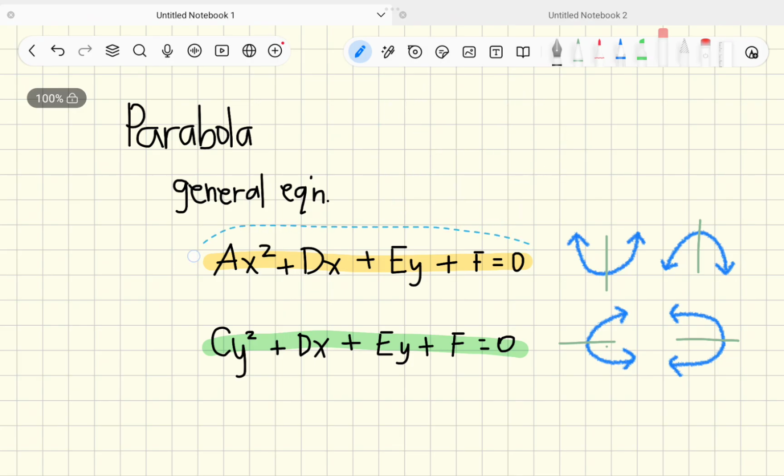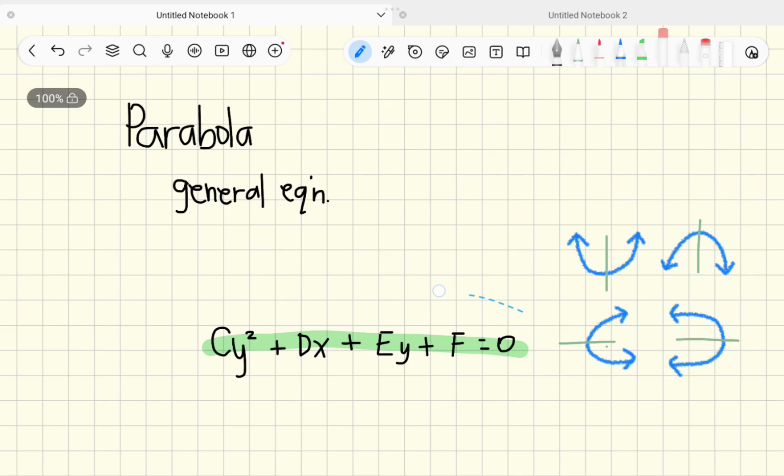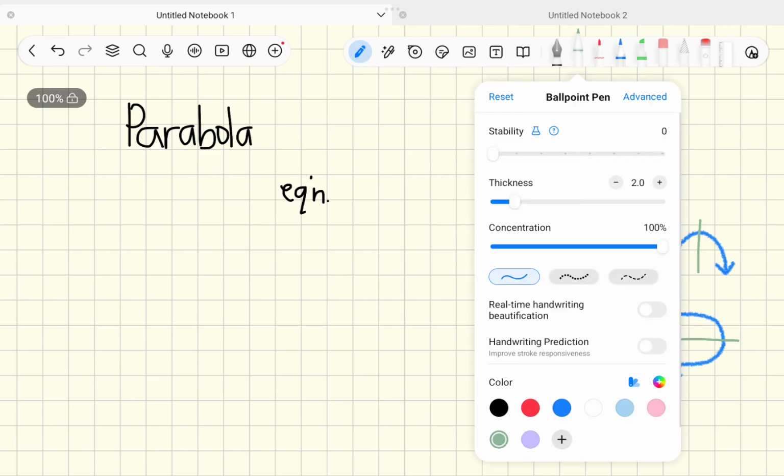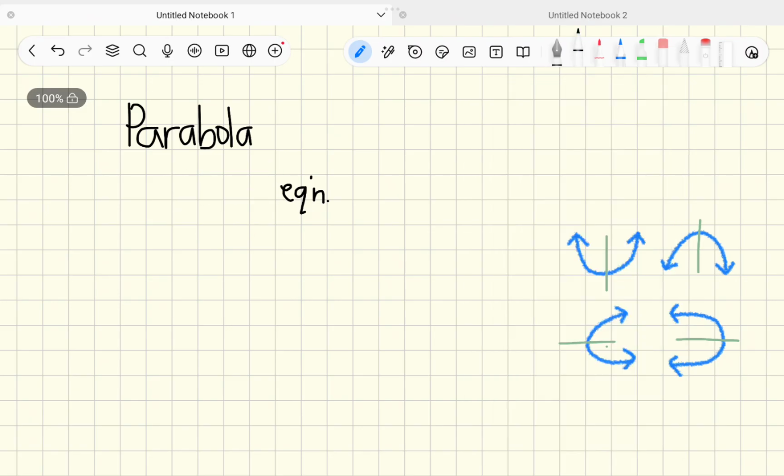The standard equations will also dictate where the parabola will face or will open. This will depend also on where your vertex is located.